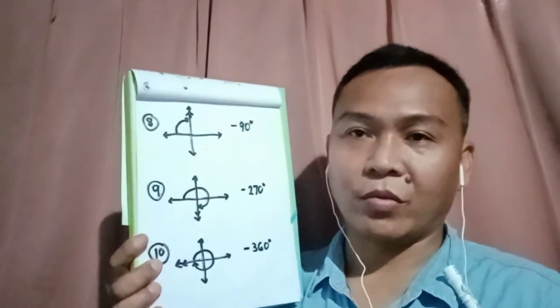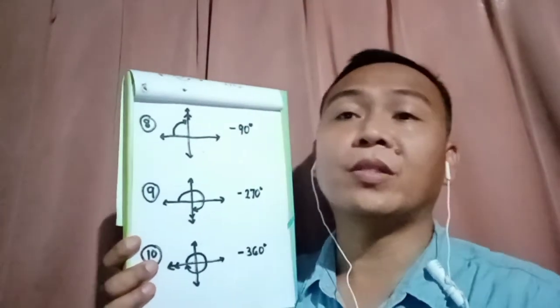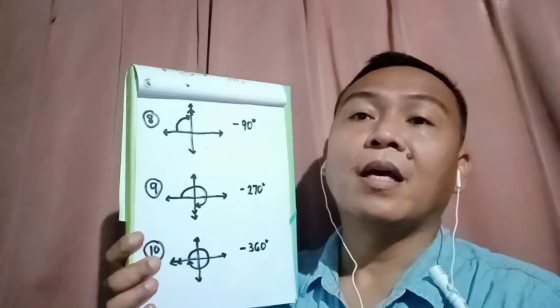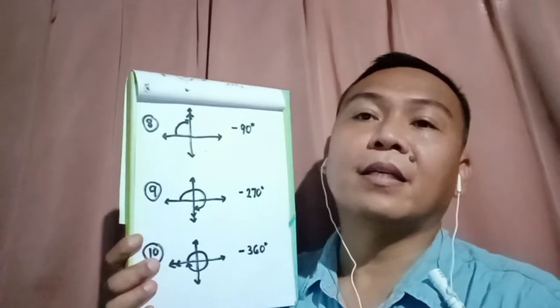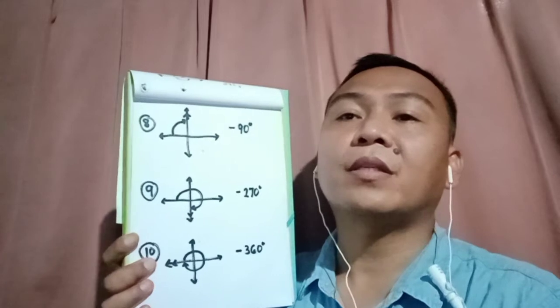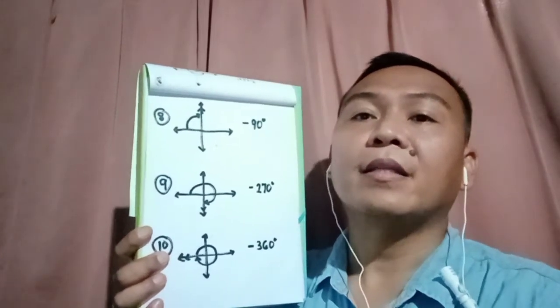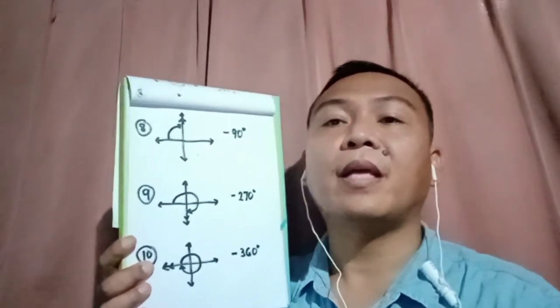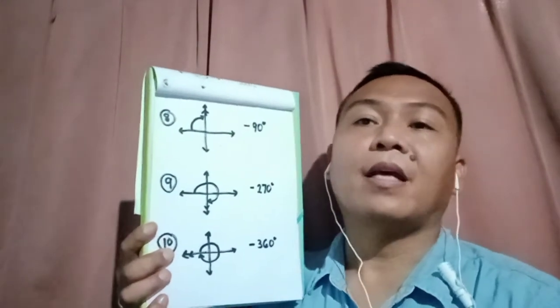Okay? So, the angles in standard position are angles whose vertex lies at the origin of the Cartesian coordinate plane and whose initial side lies at the positive x-axis.